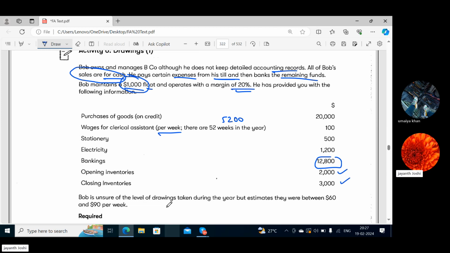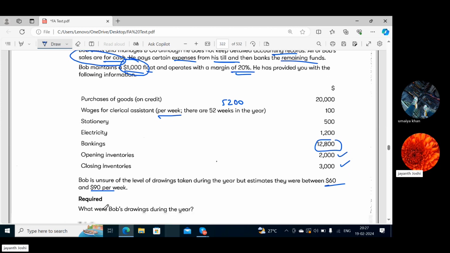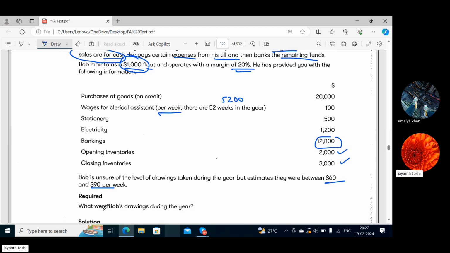Bob is unsure of the level of drawings taken during the year, but estimates they are between $60 to $90 a week. What we have to find is, what were Bob's drawings during the year? So definitely, when it is said that they are operating at a margin of 20%, we can understand, when they are saying purchases are 20,000, that purchases is 20,000, no? Yes.